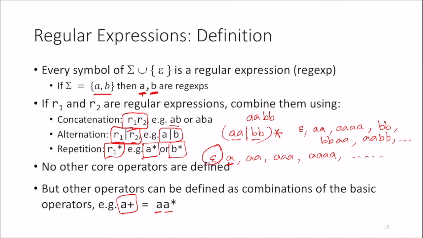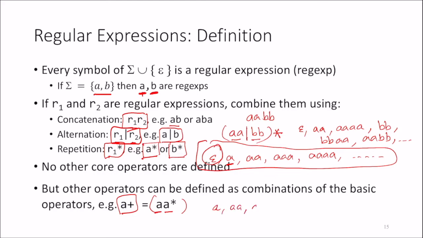So this AA star would correspond to almost exactly this sequence, except the empty string is missing, right? Because I'll have at least one A right over here. So I can't have the empty string in this case.